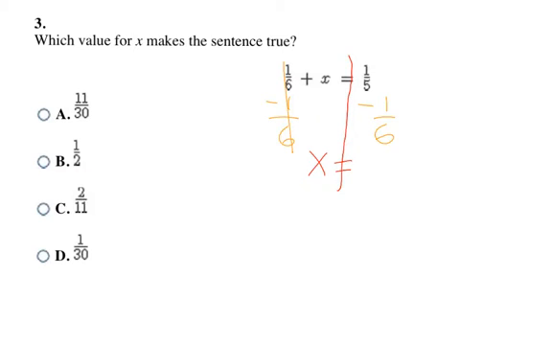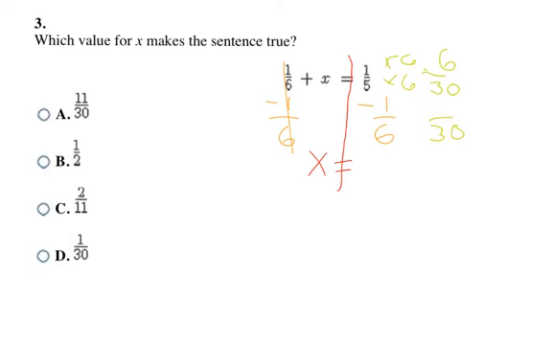However, when I am adding and subtracting fractions, I need to have a common denominator. So the common denominator between 5 and 6 is going to be 30. And so to make the bottom 30, I have to take 5 times 6. So I'm also going to have to multiply 6 on the top. 1 times 6 is 6, so 1/5 is equivalent to 6 over 30.